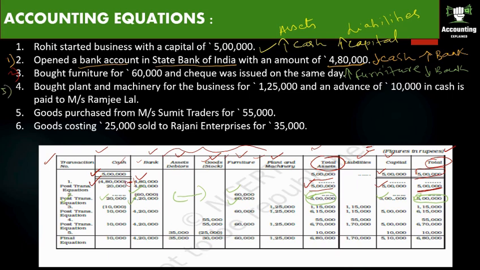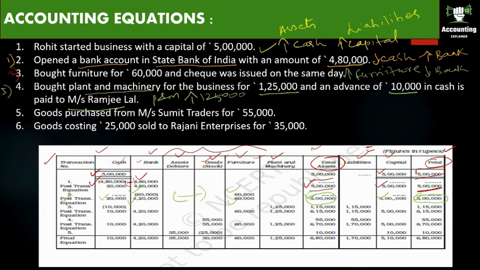Bought plant and machinery for the business for rupees 1,25,000 and an advance of 10,000 rupees in cash is paid to Messrs. Ramji Lal. So you bought plant and machinery for 1,25,000, and an advance of 10,000 in cash is paid. What will happen?